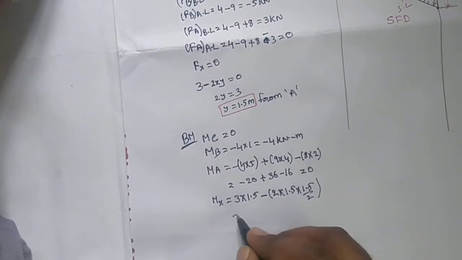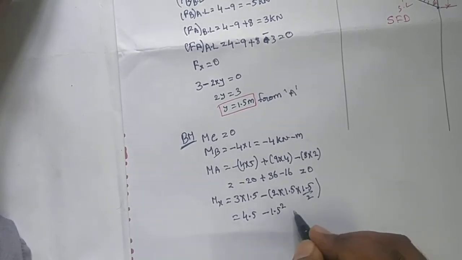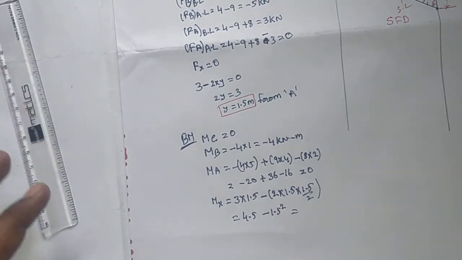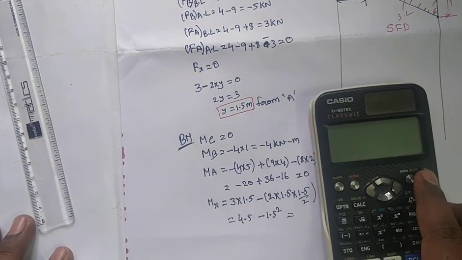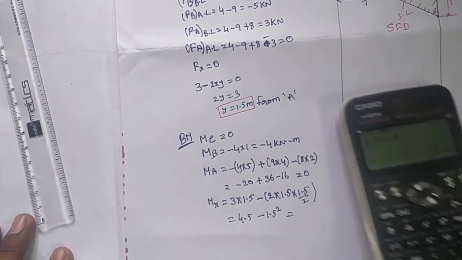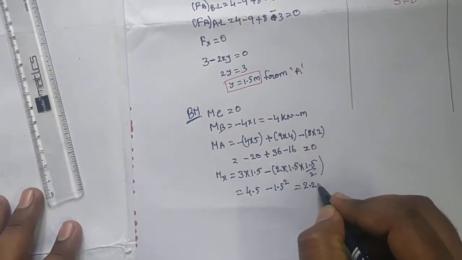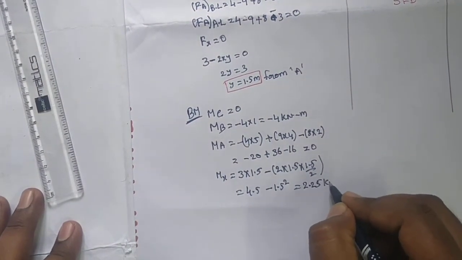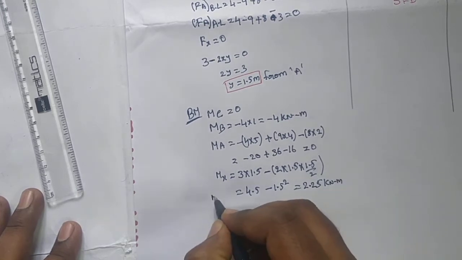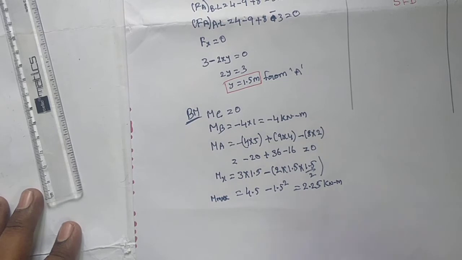That equals 4.5 minus 1.5 square, that equals 2.25. The value of the bending moment at X is 2.25 kilonewton meter. It is the maximum, M max equals 2.25 kilonewton meter.